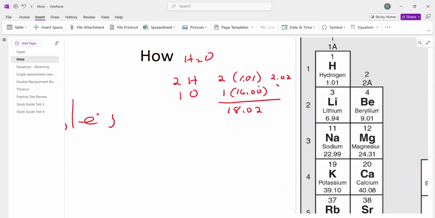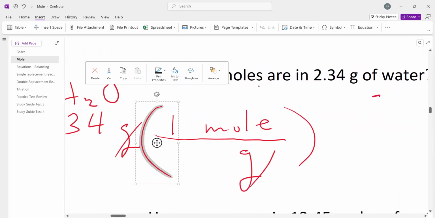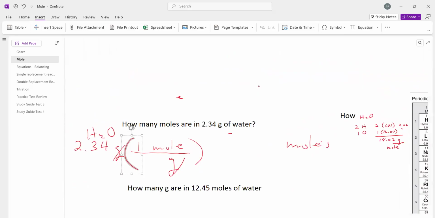Okay, so that gives us 18.02 grams per mole. Okay, so grams cancel, leaves us with moles.